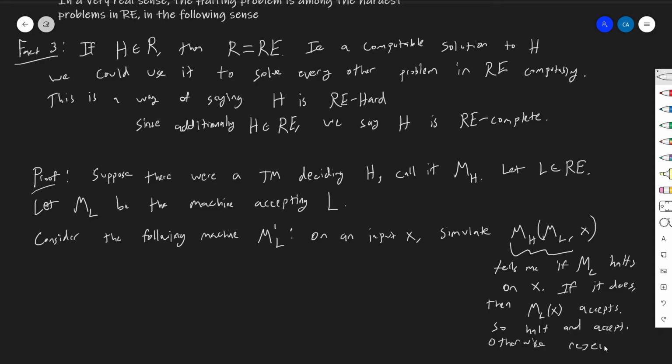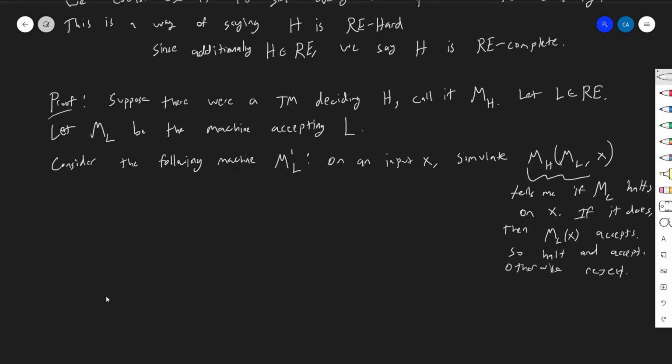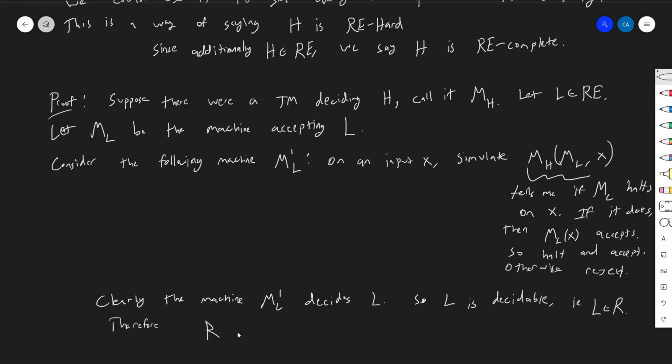So clearly, the machine M prime sub L decides L. So L is decidable, i.e. L is in R. Therefore, RE is a subset of R. So what have we shown?